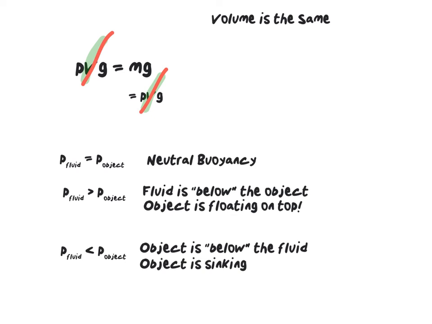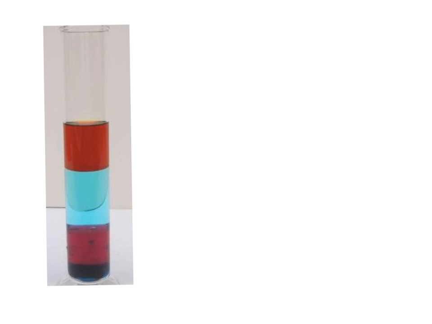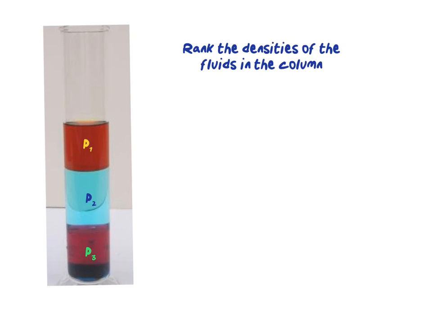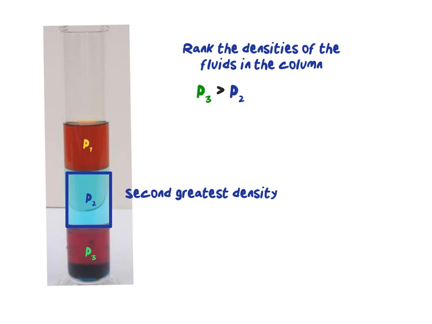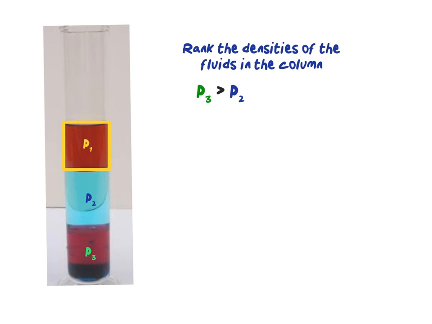So if we go back to the example that we used in the previous video of, let's say, a column of different fluids all stacked on top of one another, if we had to rank the densities of each of the fluids, we could show very clearly now that the bottom fluid has the greatest density, the middle fluid has the second greatest, and of course the material or the fluid on top has the smallest density.